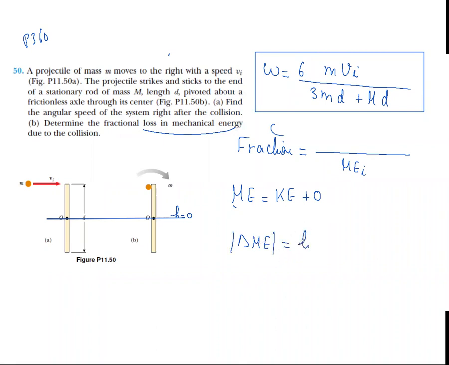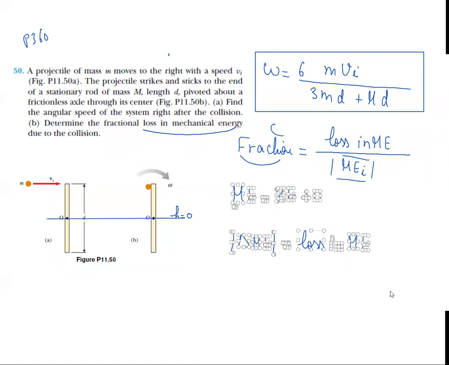This is the loss in mechanical energy. The fraction must be equal to the loss in mechanical energy divided by the initial value of mechanical energy. Okay?